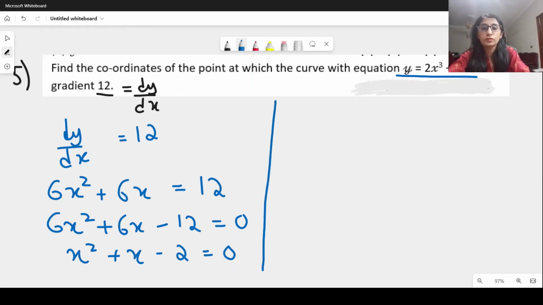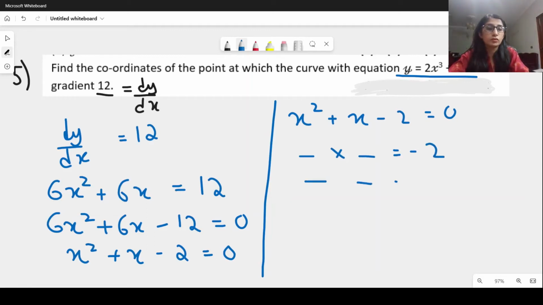Now I'll have to solve this quadratic equation. How can I do that? I think, yeah, middle term breaking should work. Multiplication should give me minus 2. Addition of the same numbers should give me 1. So that could be 2 times minus 1, and 2 minus 1 gives 1. Yeah, so I found the factors.